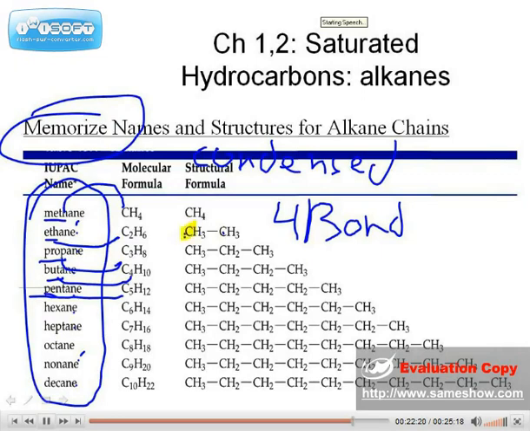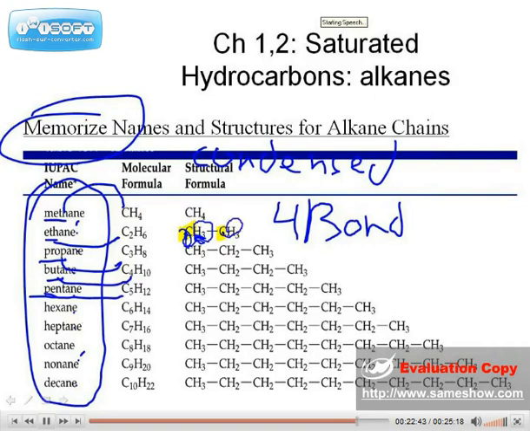So I love the 4-bond rule because I can easily figure out whether a hydrogen is present or not. For example, in ethane, this carbon right here is only attached to one other carbon, so it has 3 bonds left. Therefore, these last 3 bonds are attached to hydrogens, CH3. Same with this CH3.